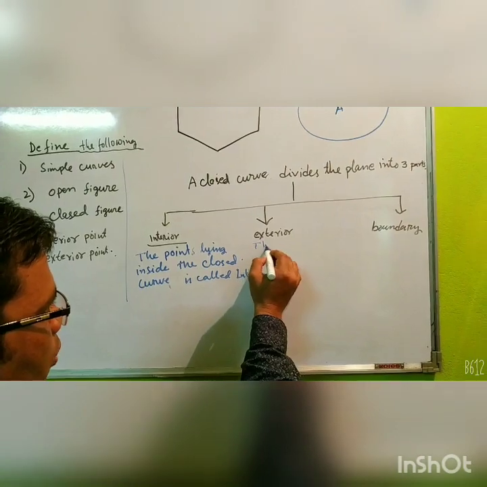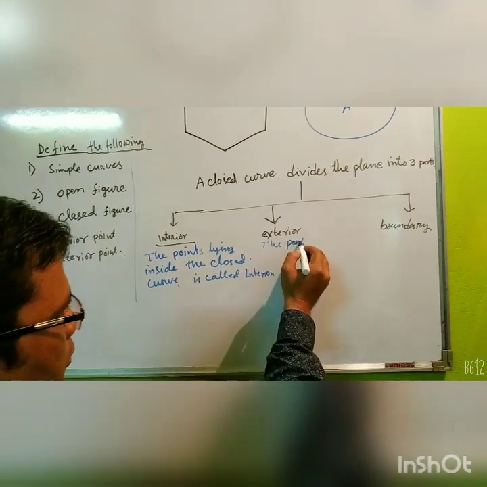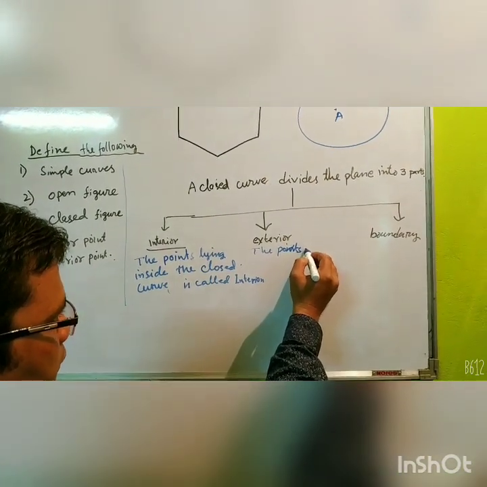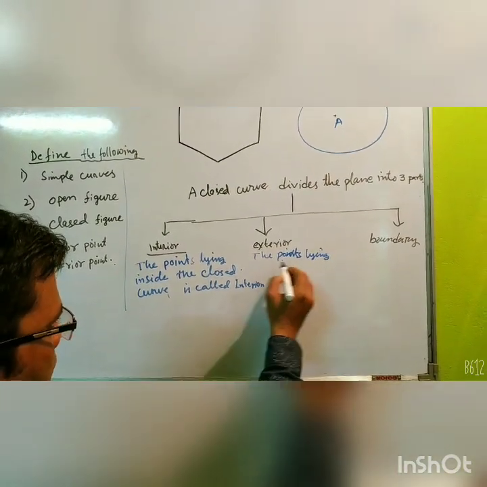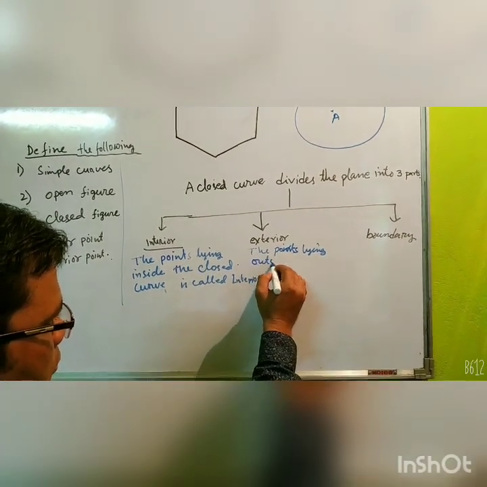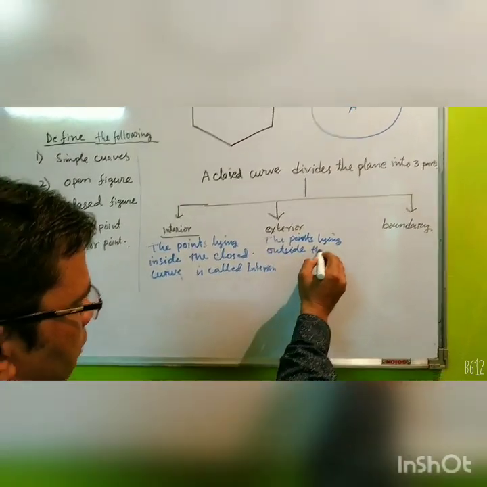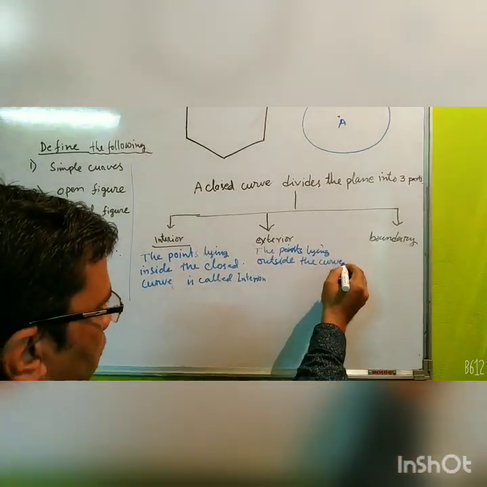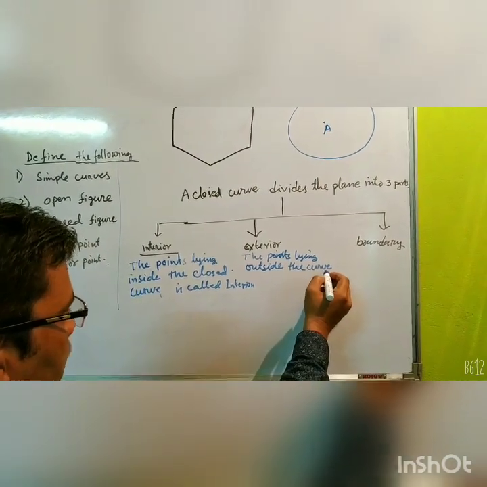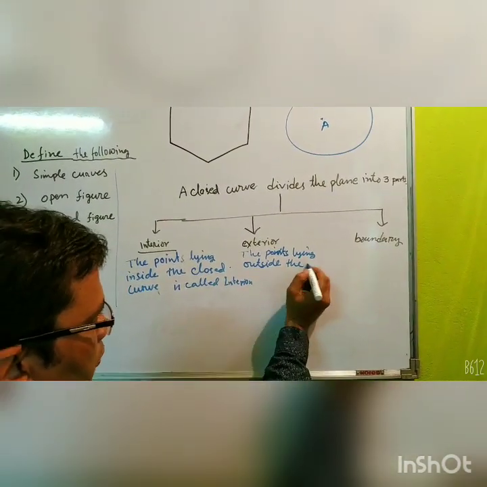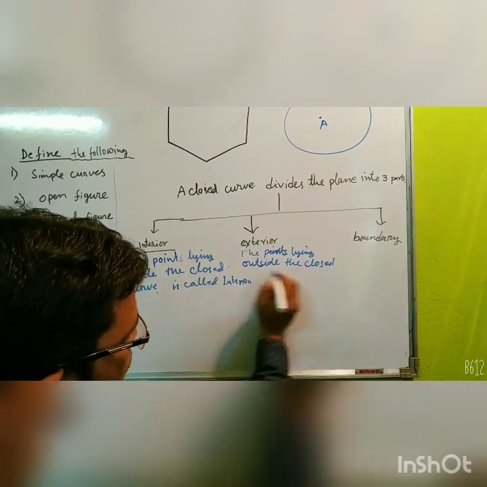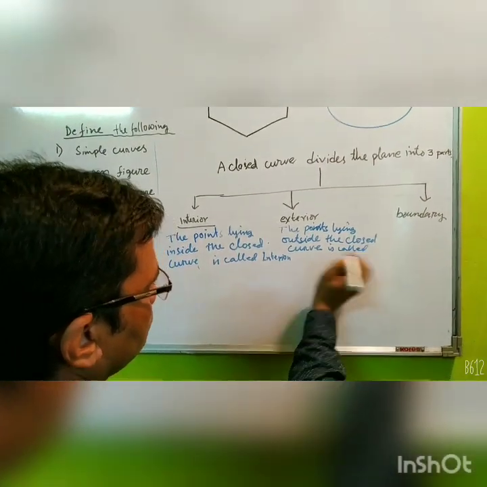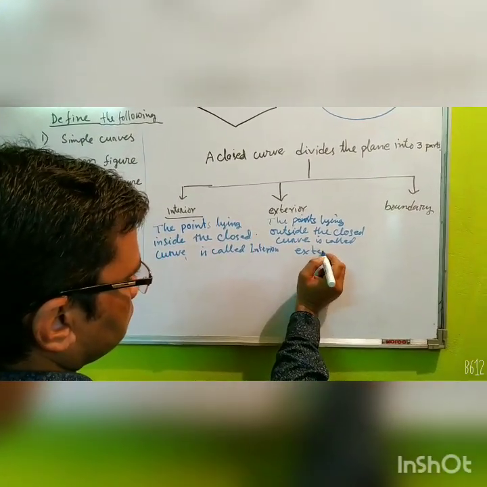Similarly, the points lying outside the closed curve, that is B, are called exterior points.